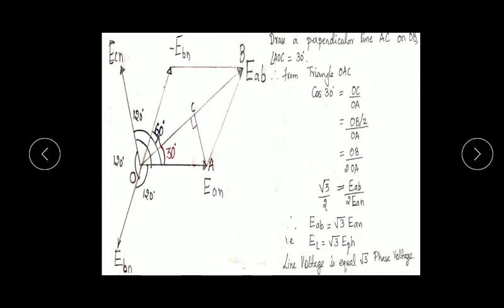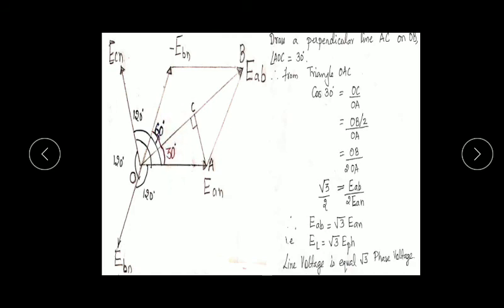Therefore, what happens is that this is whole 120, 120, 120. Now you are going to divide this. So this becomes 60, 60. Again you are dividing this 60 into two parts, 30 and 30.